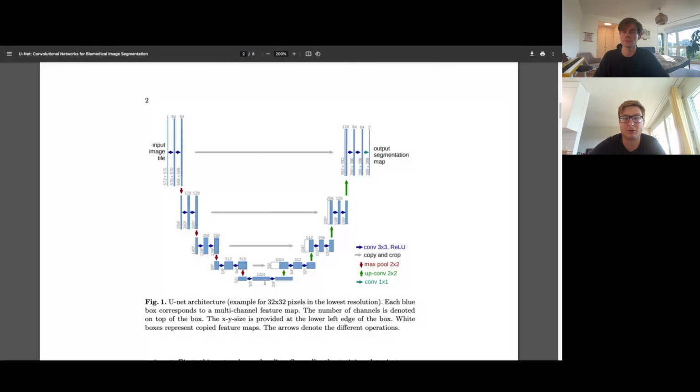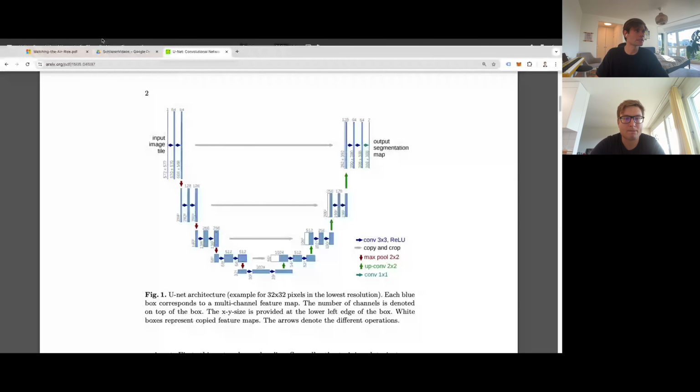Our network is really fully convolutional. That allowed us to, for example, train the network on smaller images to make the training a bit more efficient, but then deploy it on the full resolution images or videos that we recorded in the end. Other than that, it's pretty much the same as you can see here in the picture.